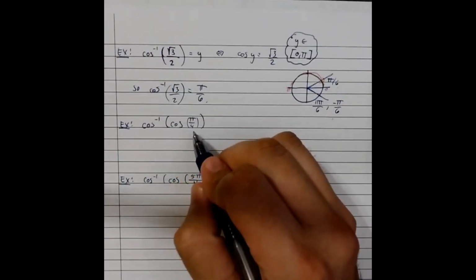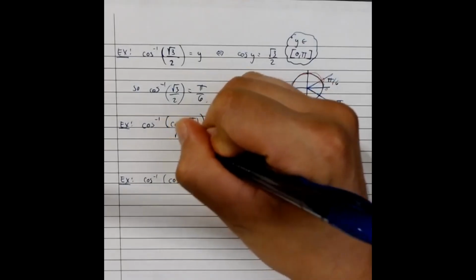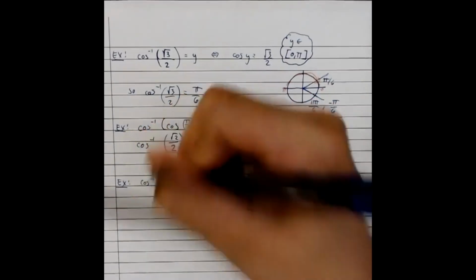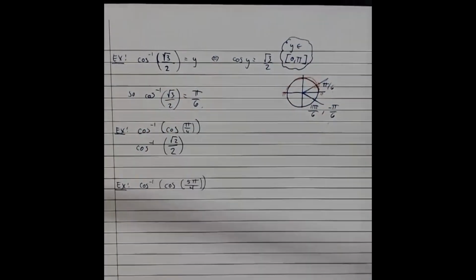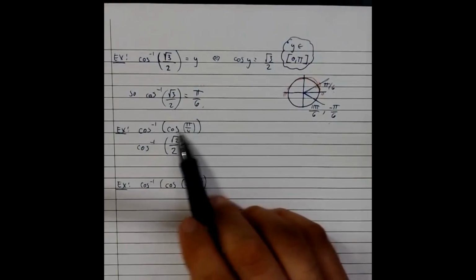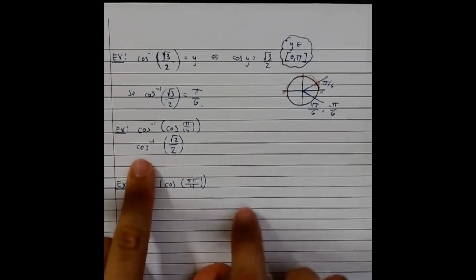Cosine of pi over 4. Well, that's just the square root of 2 over 2. So the cosine inverse of the cosine of pi over 4 stays the same for this first step, but here it's root 2 over 2. Well, now, what is this saying?